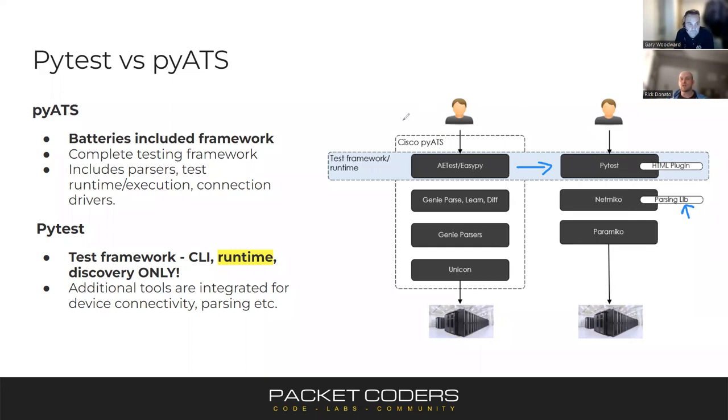And that's the main takeaway. This is all batteries included, but if you build in some other stack, something like a Pytest testing stack, you then need to bring in all of your different components. But it gives you a little bit more flexibility when you use Pytest, because then you can bring in things like Batfish, CVQ. So there's always a bit of a trade-off, right? Those are the two main differences.